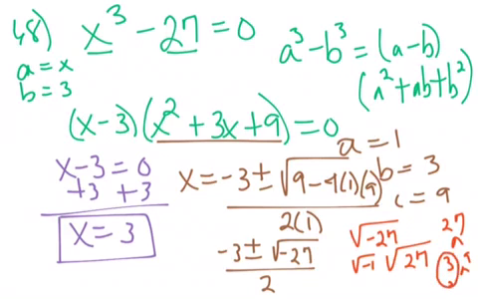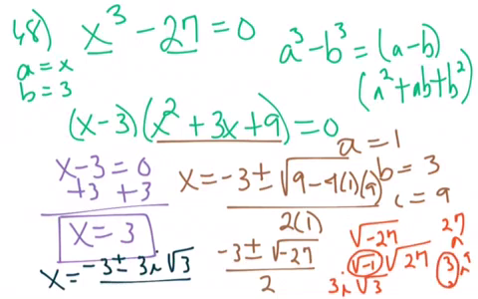So we have 3, this square root of -1 is i, times the square root of 3. So then our final answer would be -3 plus or minus 3i times the square root of 3 all over 2.